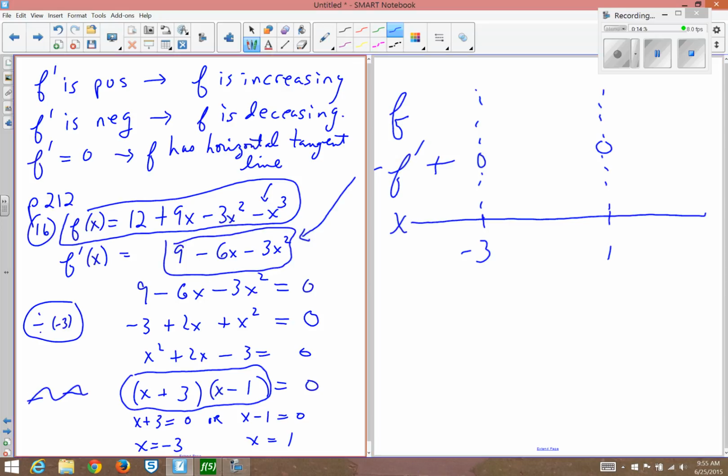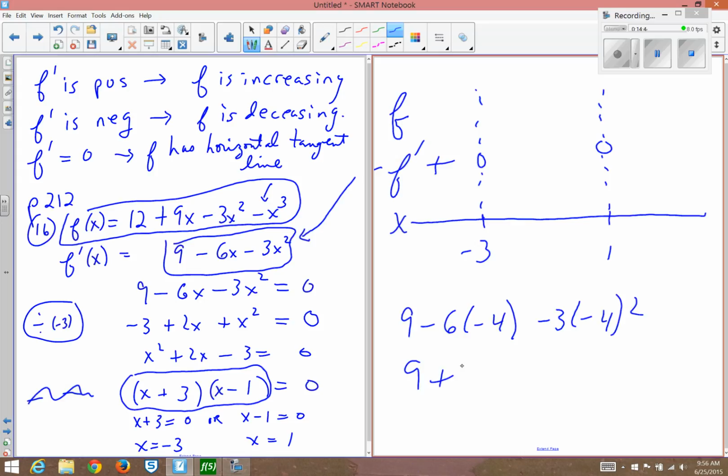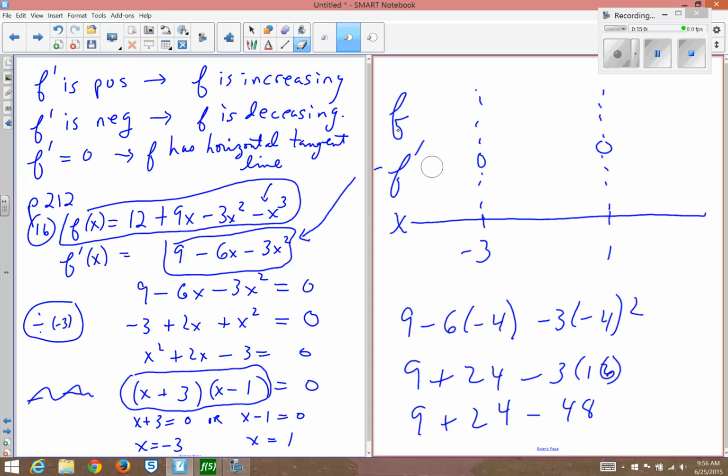So I made a mistake when I said plug it into that. -4. So actually this comes out negative. Erase this, make it negative.